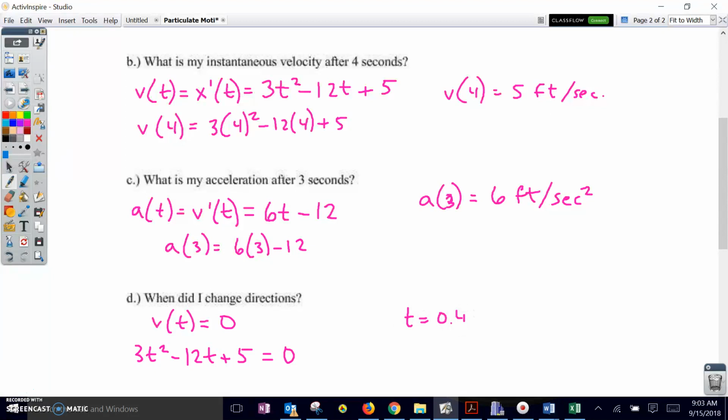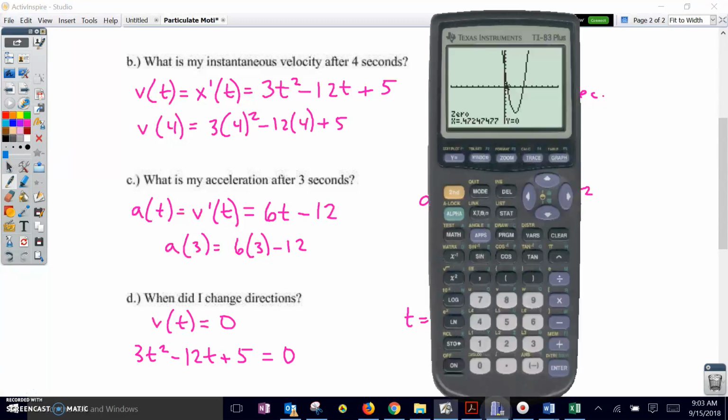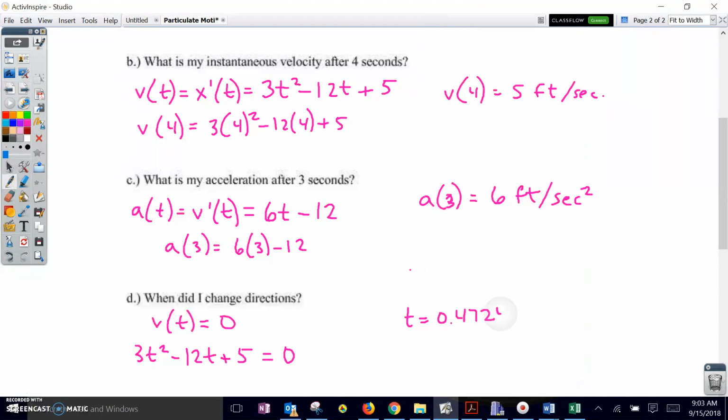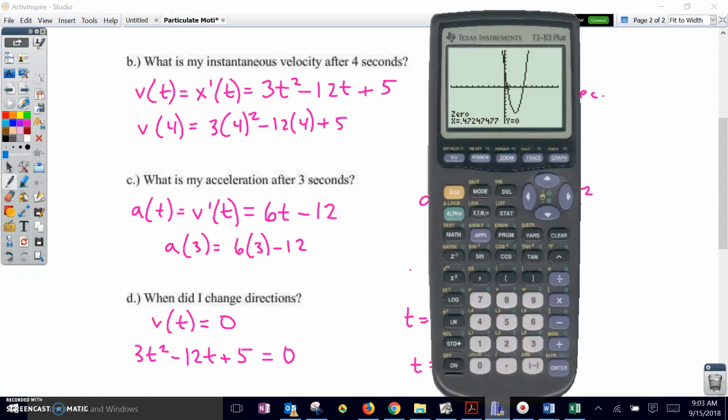And I'm actually going to keep some more digits here in anticipation of question part E, 0.47247477. So that's one of the times when I change directions. And the other time when I change directions is the other intersection point, or the other root of this function.